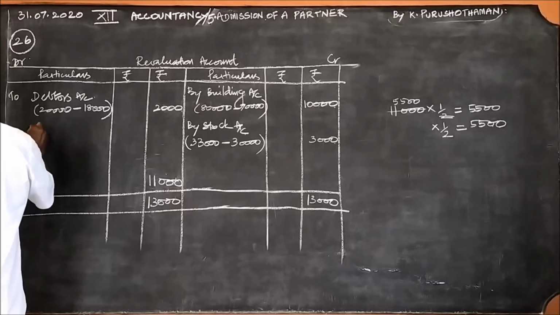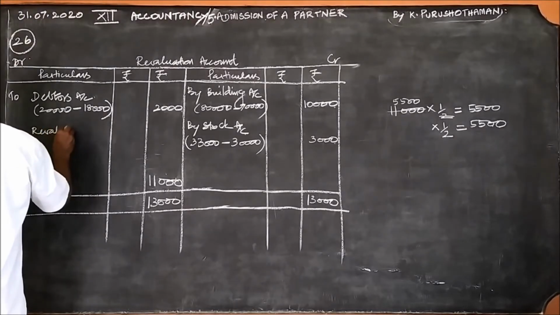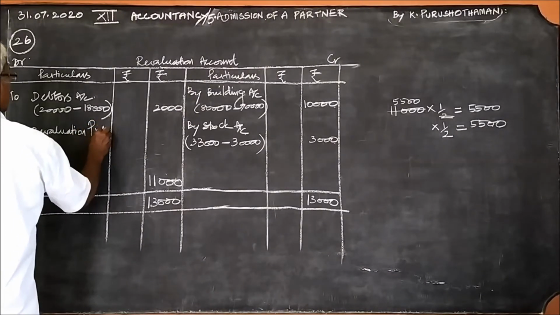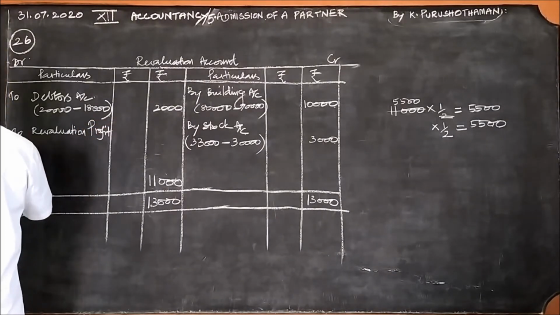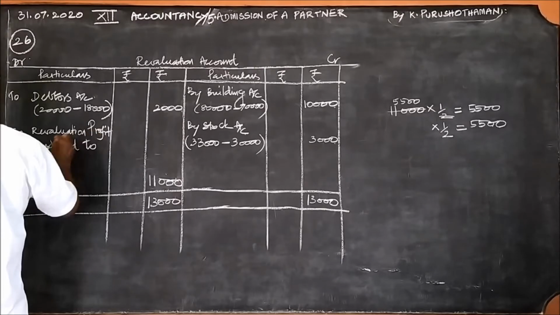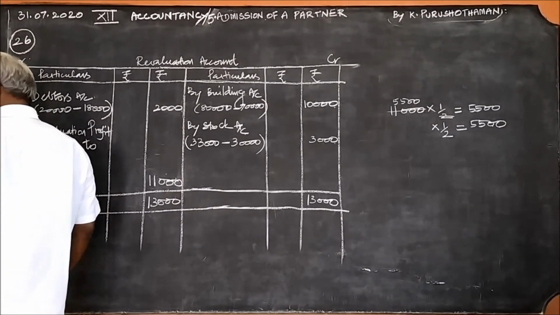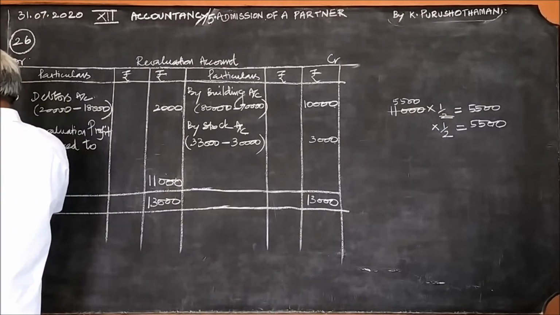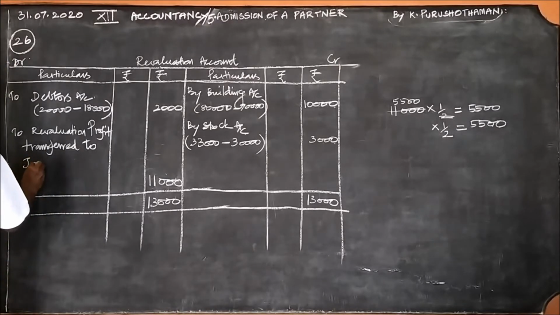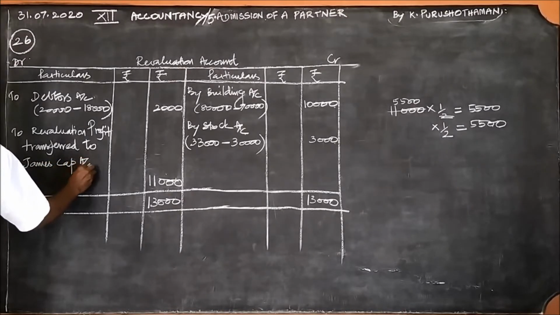To revaluation profit transferred to James capital account, Justina's capital account.